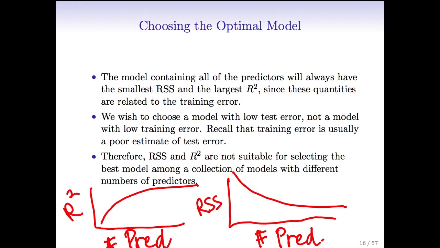But I want a model with low test error because I want it to do well on future observations that I haven't seen, like patients who haven't walked into the clinic yet, for whom I'm going to want to predict some sort of response. And unfortunately, just choosing a model with the best training error isn't going to give me a model that has a low test error, because in general, training error is a really bad estimate of test error. And so RSS and R squared just are not suitable for the task of choosing among models with different numbers of predictors.